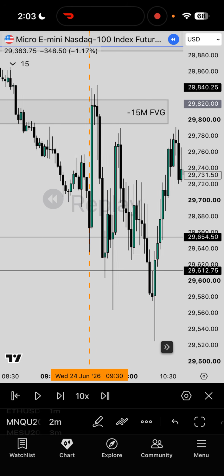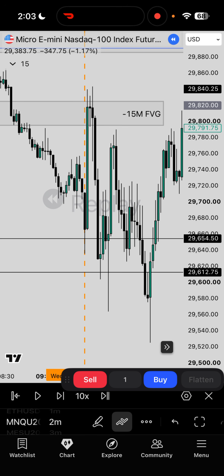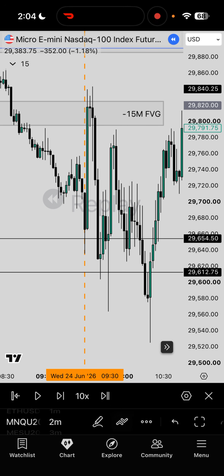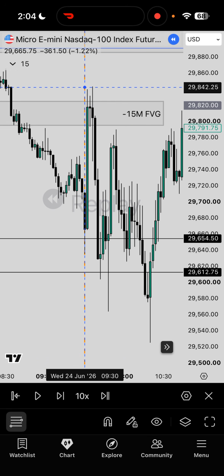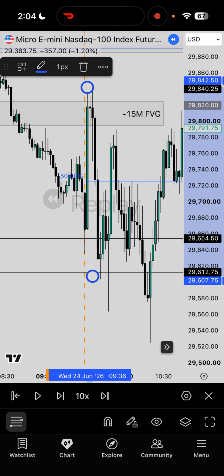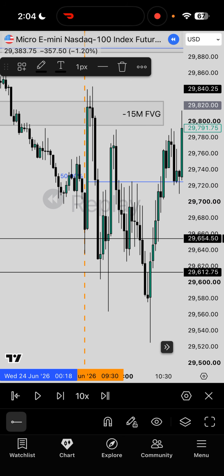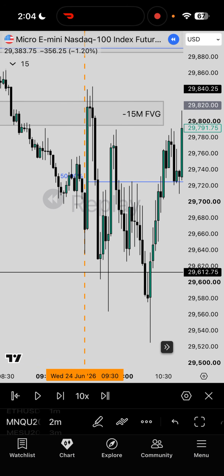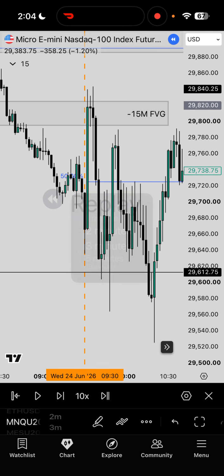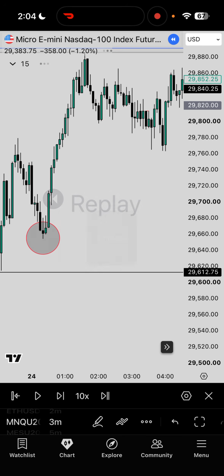So I wanted to see if price can go up to the 50% of the range. I wanted to see 50% from this high to this low, and that was right. Let me delete this sell side because we already took it. We don't need it. So that gives us a 3-minute gap right here.